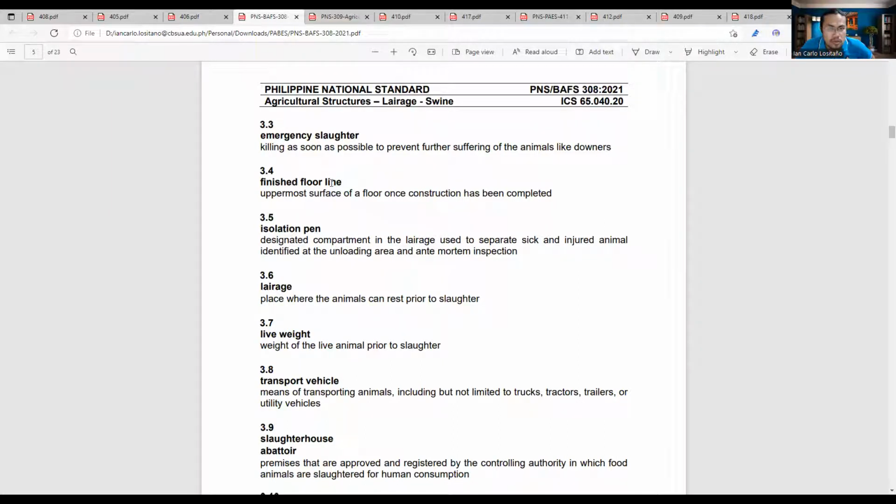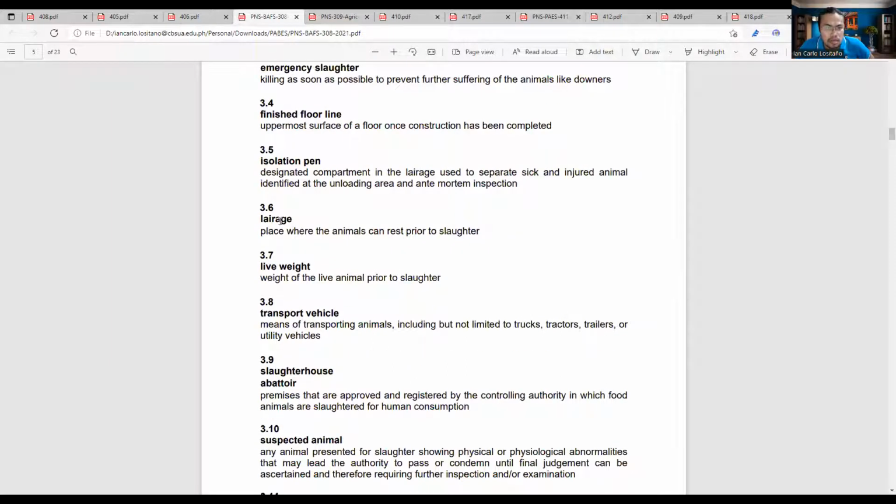Slaughtering is the processing of the animal into meat, primarily for meat. And so a lairage is required, where the animals are rested prior to slaughter.